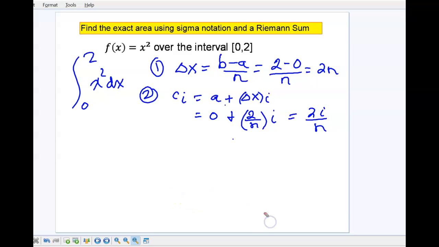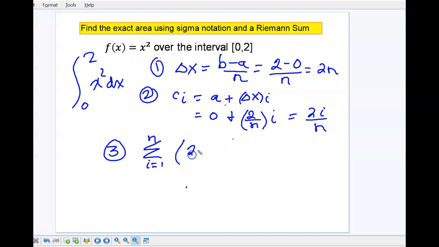And now I want to find my approximate area, and that's going to be our general solution. So it's going to be the Riemann sum from i equals 1 to n of my function evaluated at c. Well, my function is the function x squared.